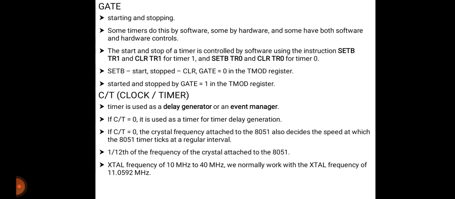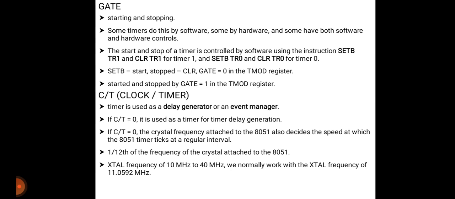The SETB instruction is used to start and the CLR instruction to stop. These instructions start and stop the timers as long as GATE equals 0 in the TMOD register. Timers can be started and stopped by an external source by making GATE equal to 1 in the TMOD register. So this is the operation of the gate.